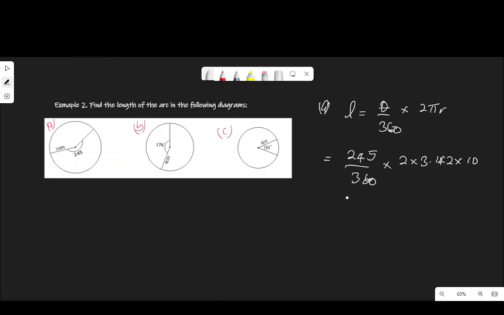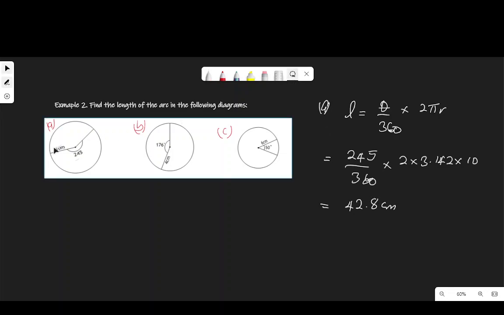Now, if I plug this number into calculator, let me do that right away. 245 times 2 times 3.142 times 10, then divided by 360 degrees, it gives me 42.8 approximately, in meter, not centimeter.